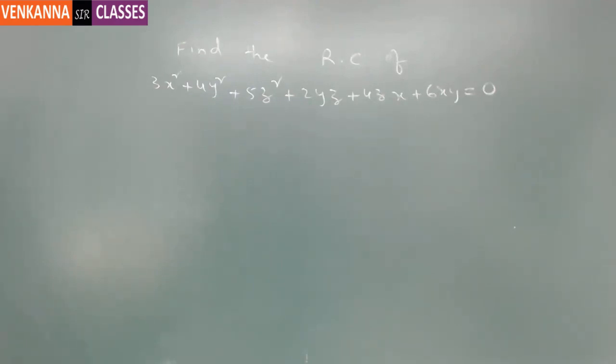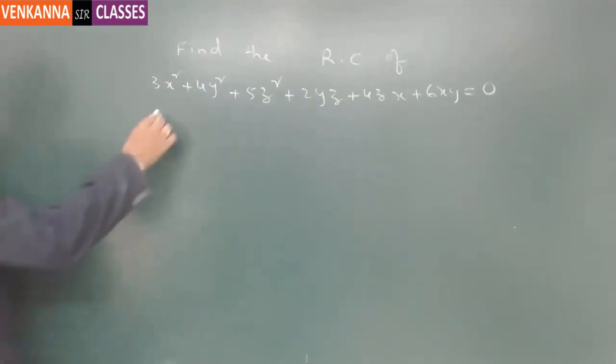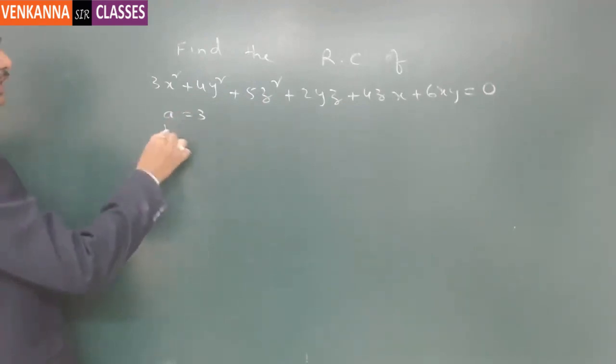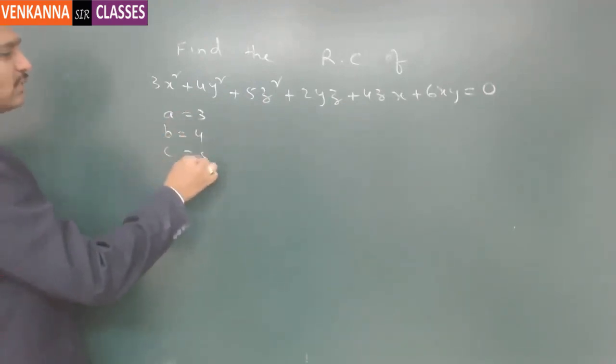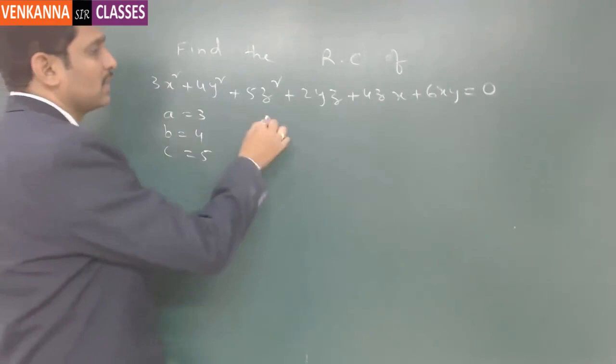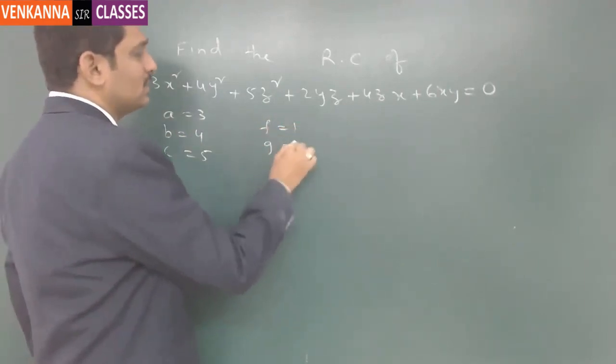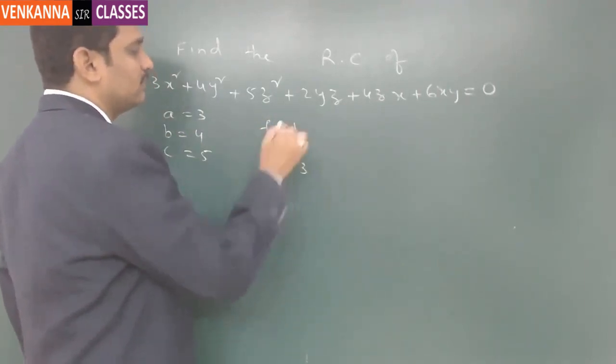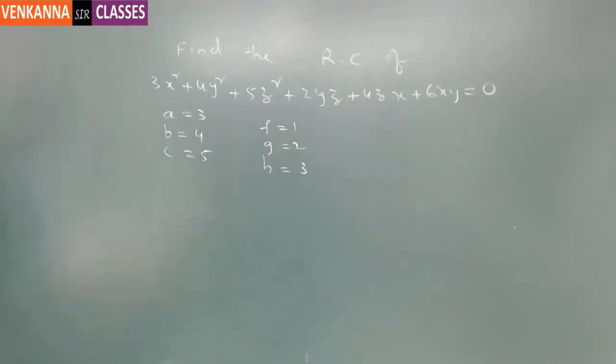Now, if you compare the given equation with the standard notation, you will have a is equal to 3, b is equal to 4, c is equal to 5, f is equal to 1, g is equal to 2, h is equal to 3. Accepted?